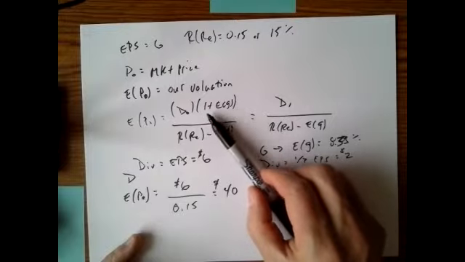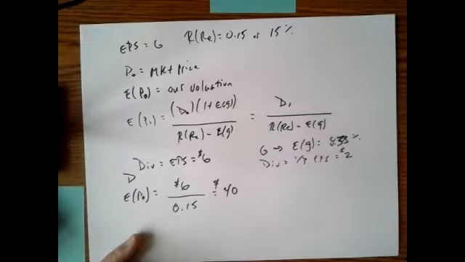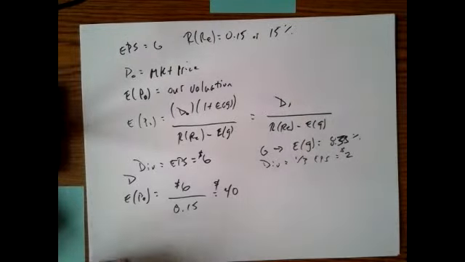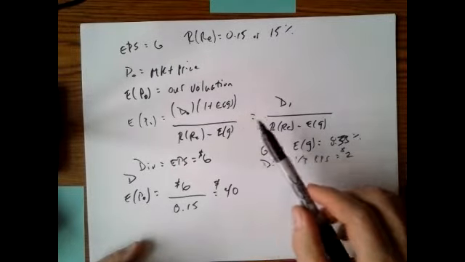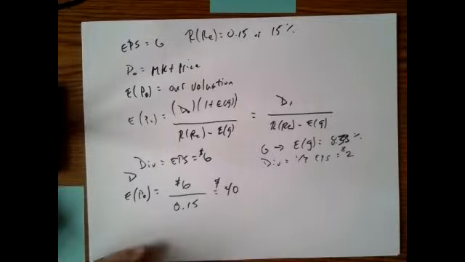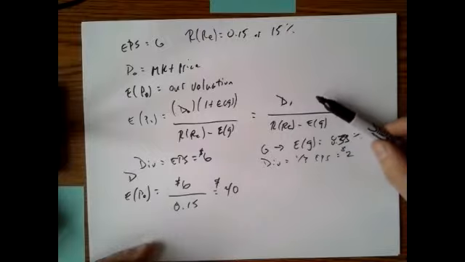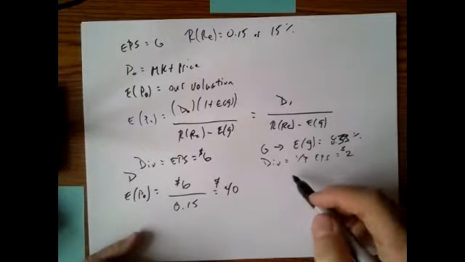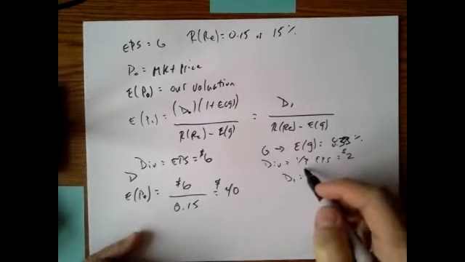That would be 1.0833 times 2, which would make the numerator 2.16 or thereabouts, 2.17. But since it's saying the next dividend expected to be paid is $2, then we know that the problem is already giving it to us as D1. So D1 for firm G is going to equal 2.